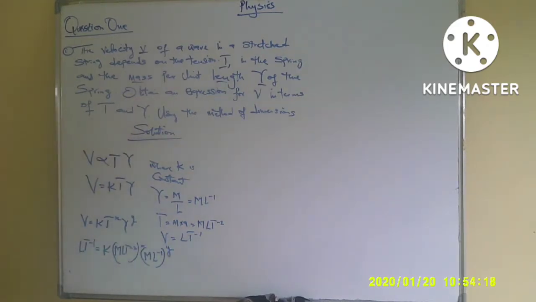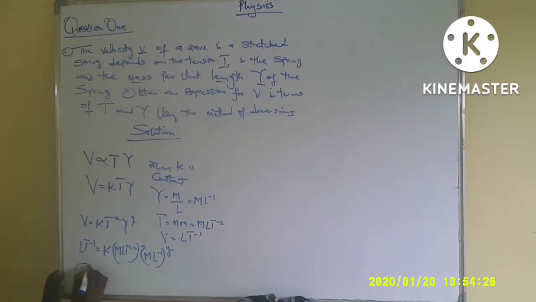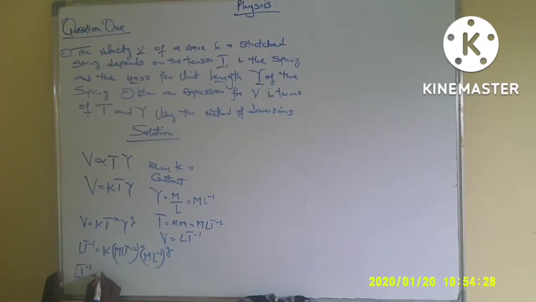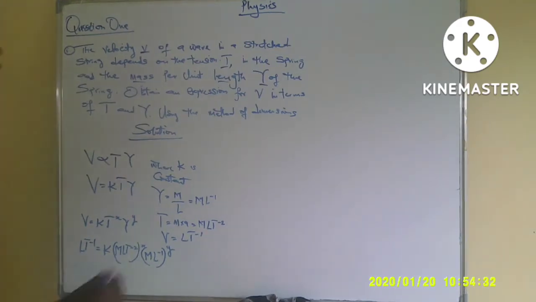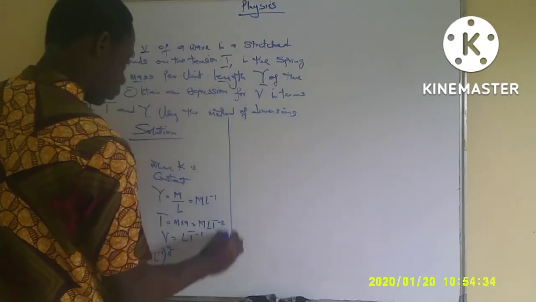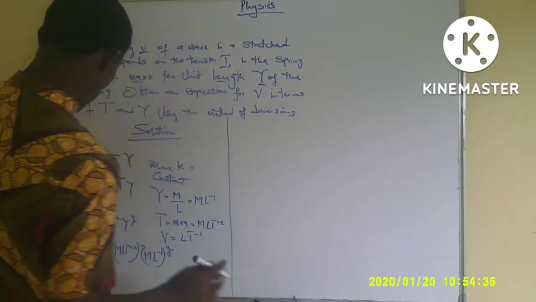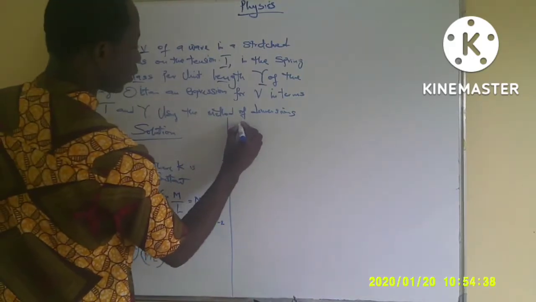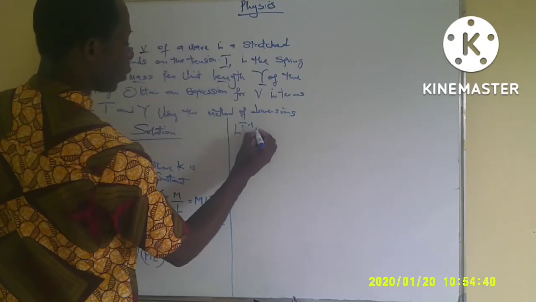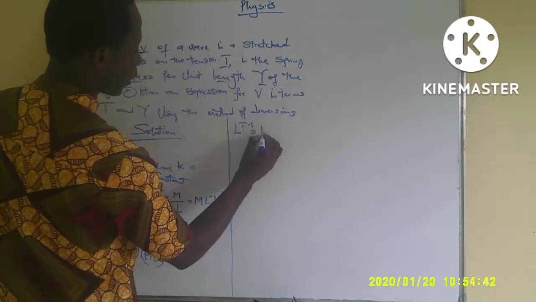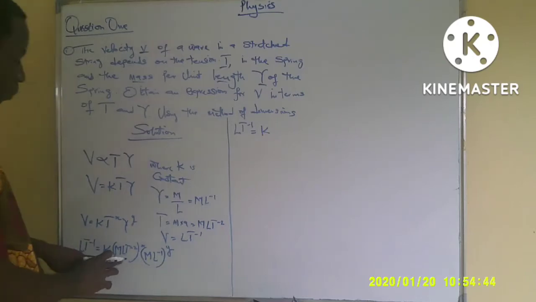So now we can separate the variables so that we can evaluate them. We have L T minus 1 is equal to K. Then let us open the brackets.